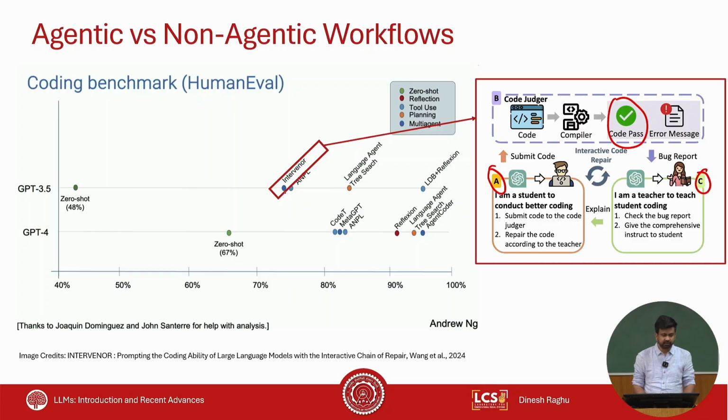So the advantage of agentic workflow is that at the cost of running more inferences, you will end up getting way better accuracy than what you would get if you run just the model once, right? So you can always trade off.